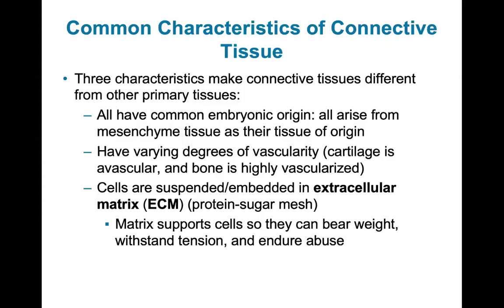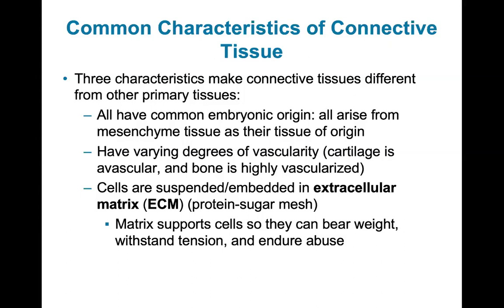Cells are suspended or embedded in an extracellular matrix. This is a protein sugar mesh that's formed and secreted by the cells. The matrix supports the cells so that they can bear weight, withstand tension, and endure abuse. Okay. We do not see this matrix with the other types of tissues, such as epithelial, muscle, and nervous. This is something that is unique to connective tissue.